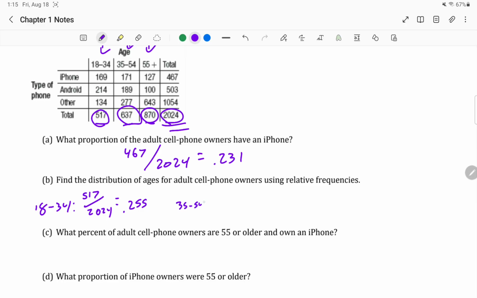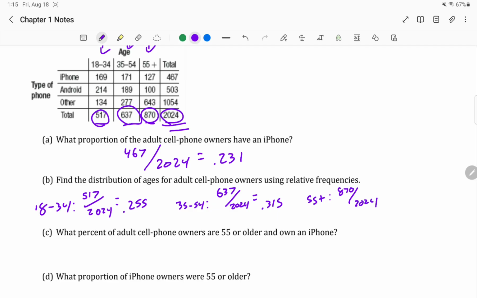The 35 to 54 was 637 over 2024, which is 0.315. And the 55 plus category was 870 over 2024, which is, I don't know, I scribbled out.